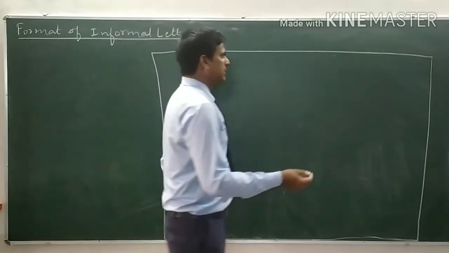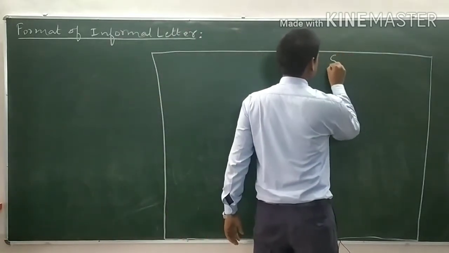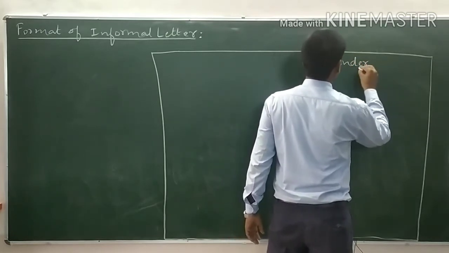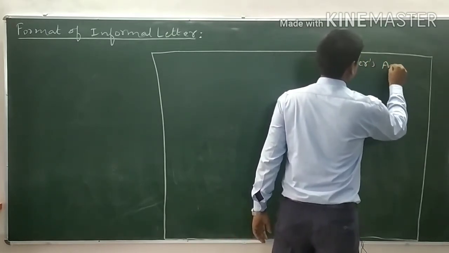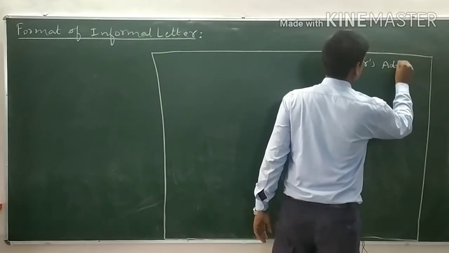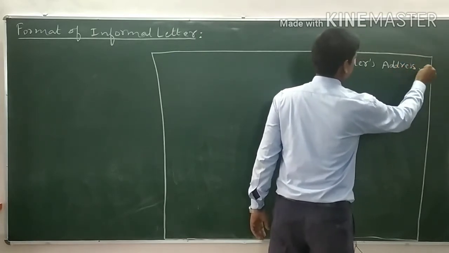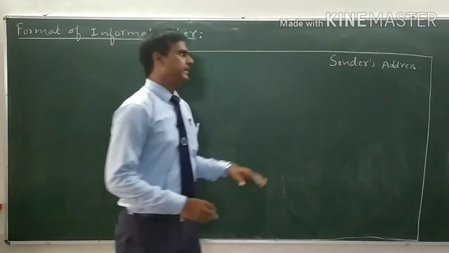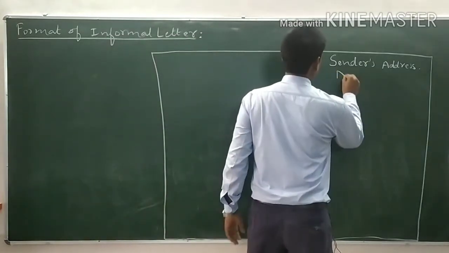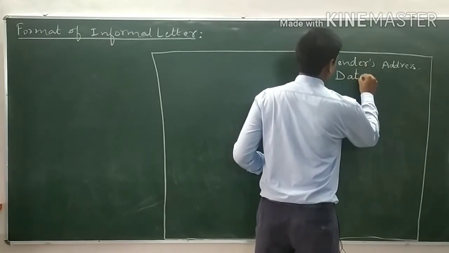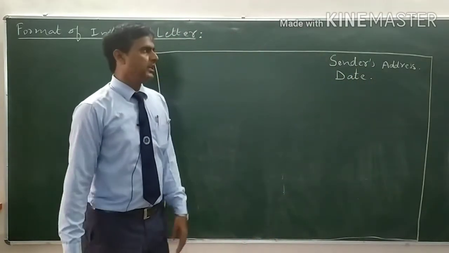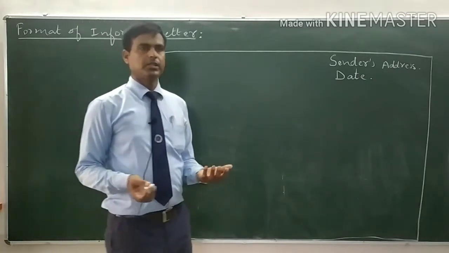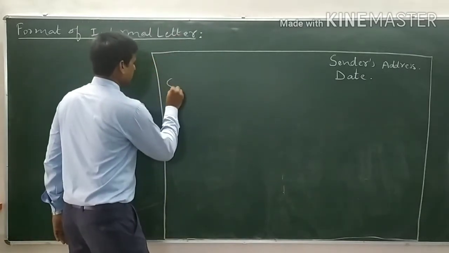We write the sender's address, means the person who is writing the letter, at the top right hand side. Date can be either side, right side or left side. And then after writing the date, we will write the salutation. Salutation at left hand side.